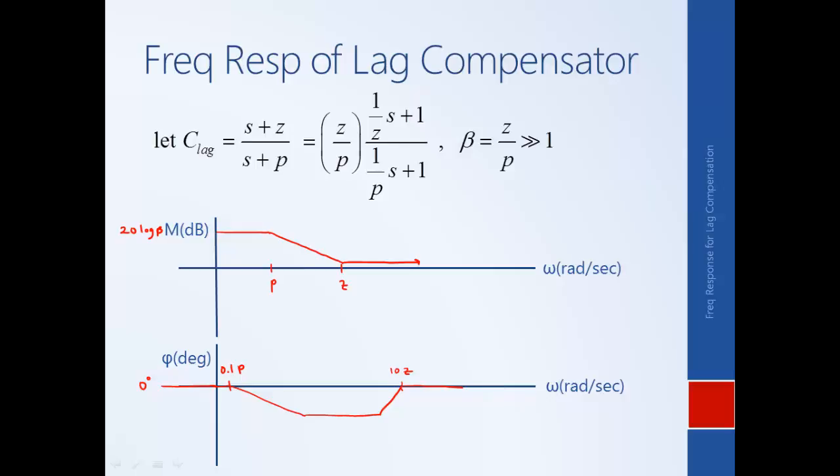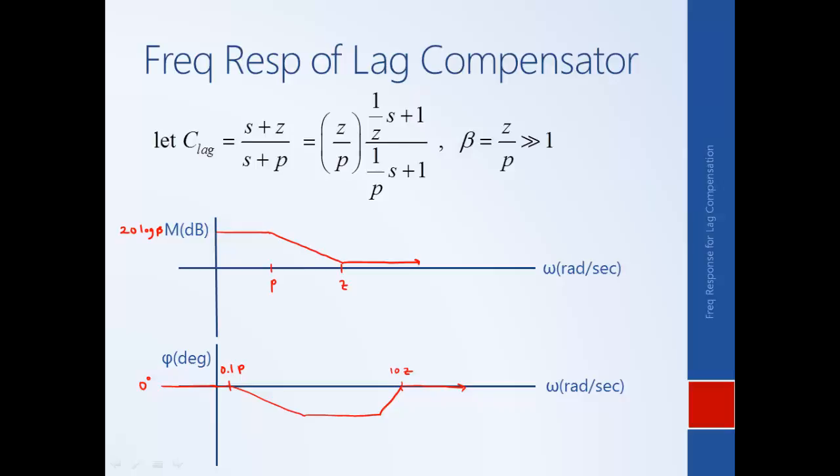And then at the higher frequencies, the 0 goes to plus 90, the pole goes to minus 90, the gain stays at 0 the whole time, and so plus 90 degrees added to negative 90 degrees adds up to 0 degrees, and this is where the phase goes, and we get this sort of shape.